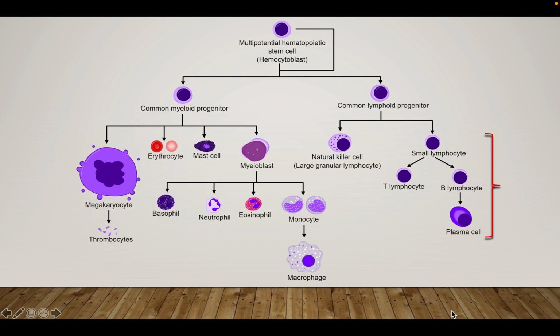So looking at this picture, you can see up at the top a very broad stem cell. So a stem cell is going to be this undifferentiated cell that has the ability to divide and differentiate into all different types of cells. So we start here.